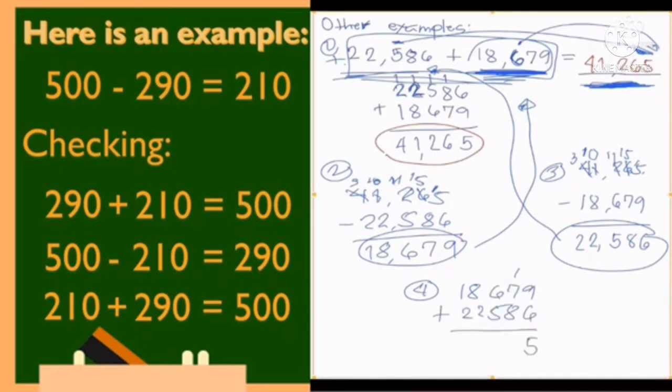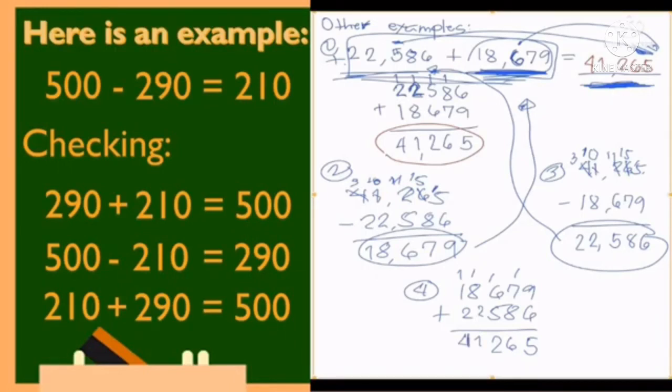We will add them. 15, 7, 8, 16, 1 plus 6, 7, 7 plus 5, 12, 8 plus 1, 9 plus 2, 11, 1 plus 1, 2 plus 2 is 4.